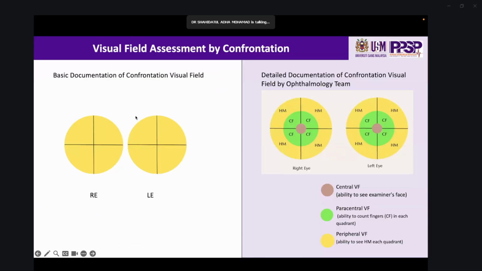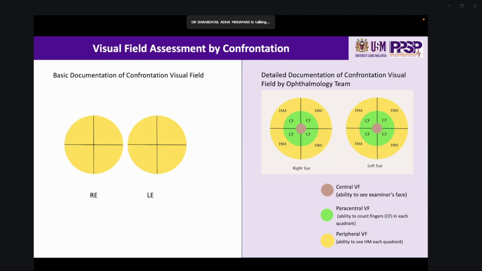So the basic documentation that you need, all right, is just this: on the left side you need to document the upper and lower temporal as well as the upper and lower nasal. This four quadrant is enough for you all. It's very basic and doesn't take too long.